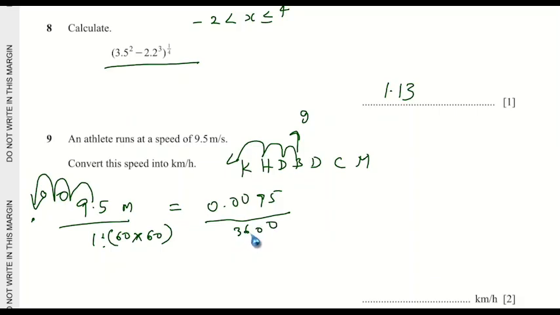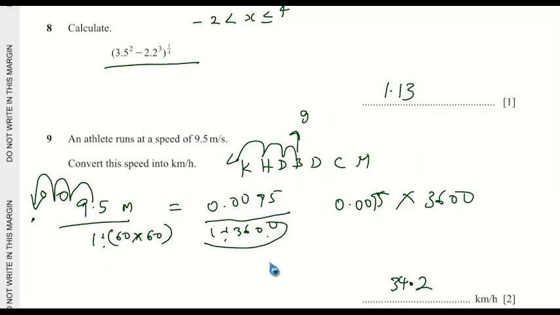Because you have 1 divided by that, eventually it's going to be the inverse. So it's going to be 0.0095 multiplied by 3600, because this is going to be the inverse. Our final answer will be 34.2 kilometers per hour.